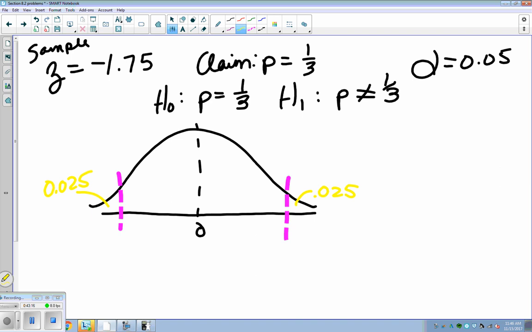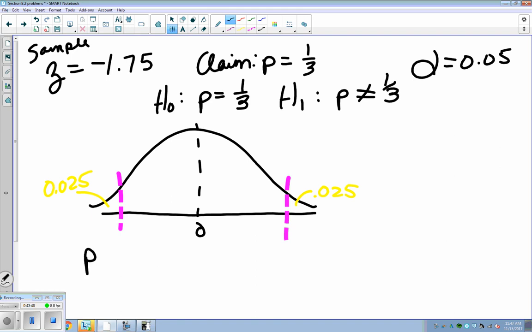Now the thing that you have to remember with a two-tailed test: we've got to multiply the p-value times 2. Whatever we get, we have to multiply the p-value times 2. So to get my p-value, I know my z is negative 1.75, correct?